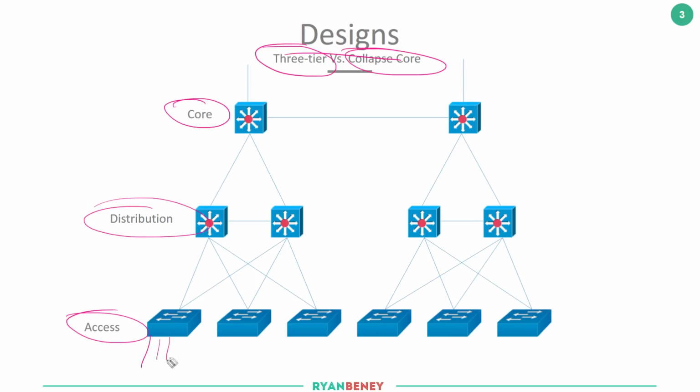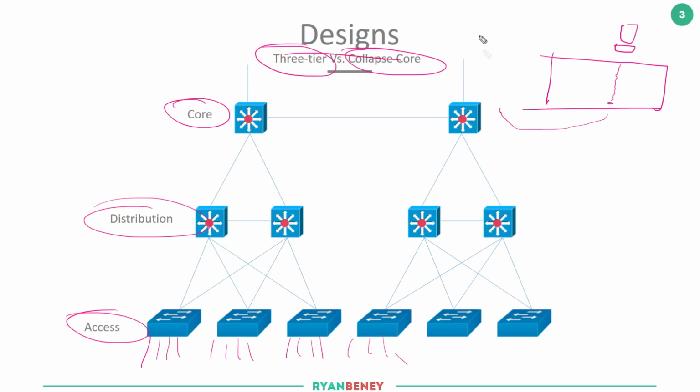So access, this is where your end users actually access the network. Normally if we think about your PC at your office sitting on your table, you'd normally have a cable that runs down into the floor, and then underneath the floor you'd have it trail back, if you like, to a cabinet and plug into a particular switch.